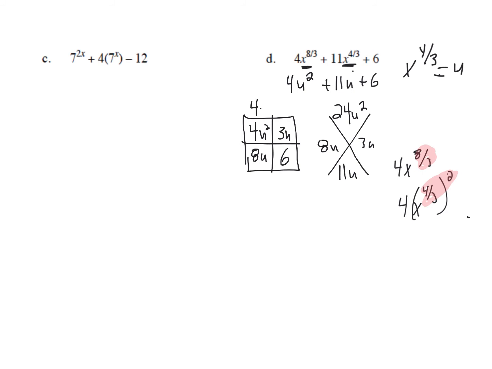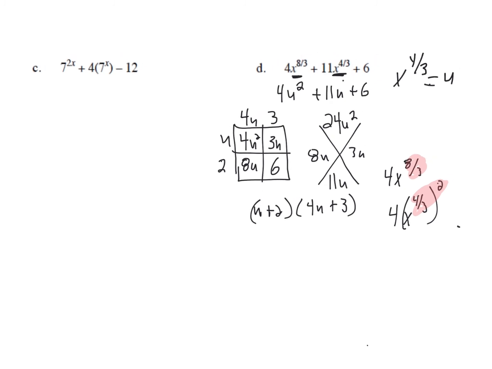So this is going to be 4u times u, 3 times u, 2. So this factors into u plus 2 times 4u plus 3.